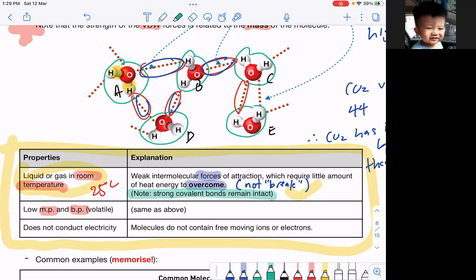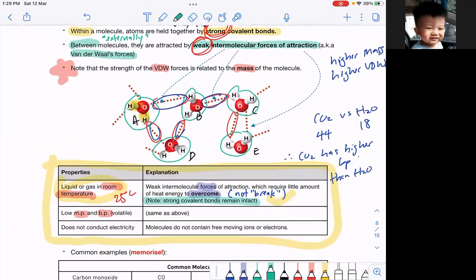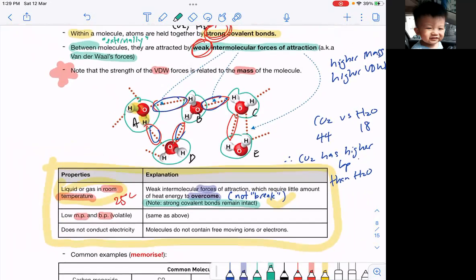Cannot. So when I melt or boil water, what am I destroying? The same words. What am I not breaking or destroying? Yeah. See, the covalent bond cannot break one. If you can break, you should be at 1000 degrees Celsius. Can't even break at 1 degree. So it's crazy strong. Okay.